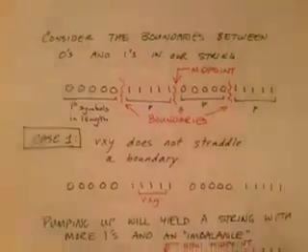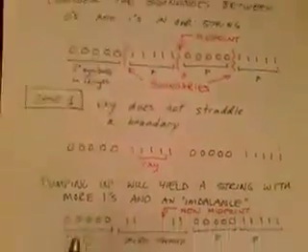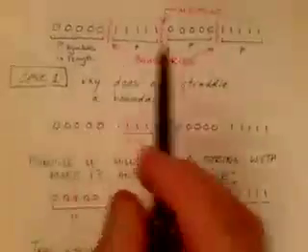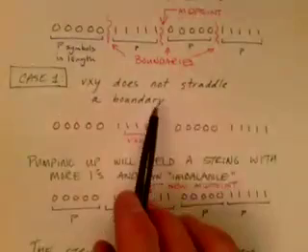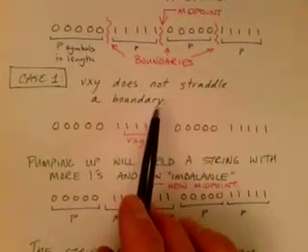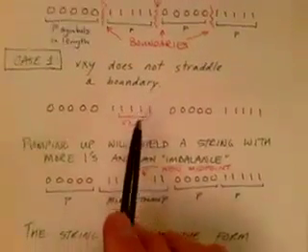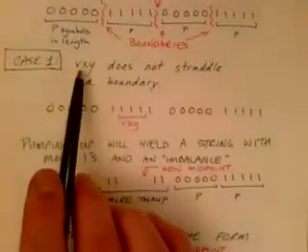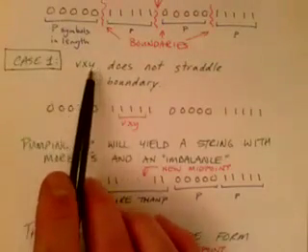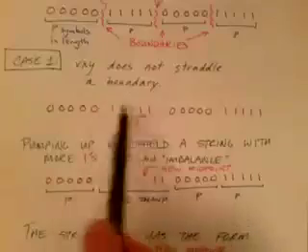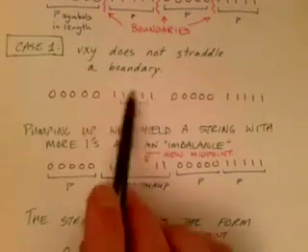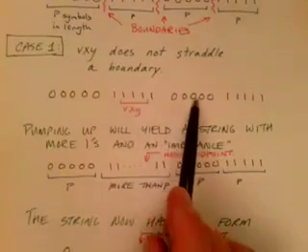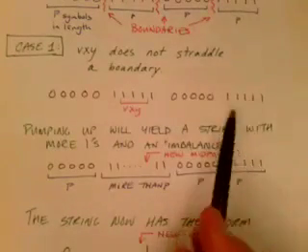Okay, and we're going to break this into several cases and ask whether Vxy straddles a boundary or does not straddle a boundary. Let's look at the first case, where we assume Vxy does not straddle any of these boundaries. Here's a particular example where Vxy is just ones, but it could be just zeros or maybe just ones over here.